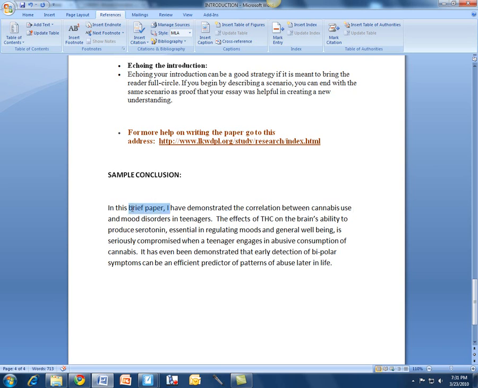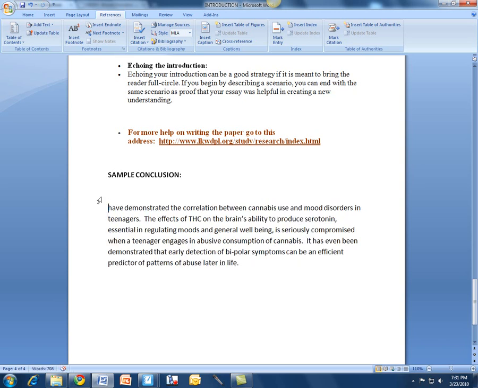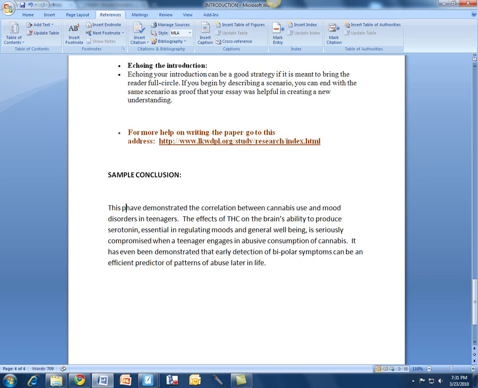You could, let's say, to keep it third person, take that out and say something like, this paper has demonstrated, and then you've taken out the I. Okay, so this paper has demonstrated the correlation, and remember that's important in psychology because it's very difficult to establish cause. The correlation between cannabis use and mood disorders in teenagers, the effect of THC.